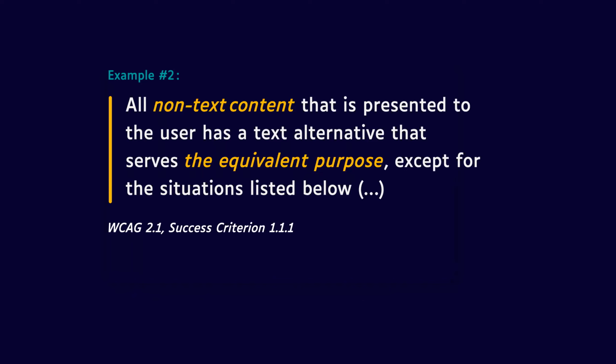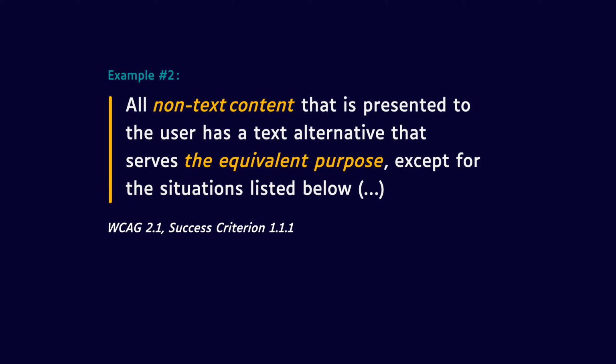So here I took this first example, but now I'm going to take again the example that Mark has very well already talked about, which is great because it's going to make it easy for me. So in this second example, I'm taking again the first success criterion. I'm reading it out loud now.